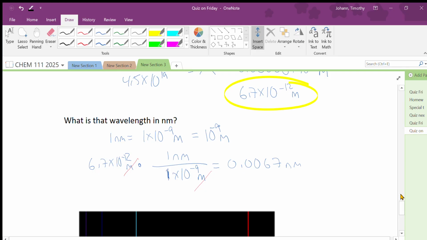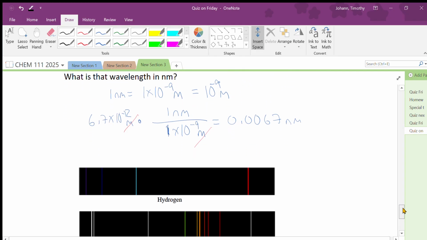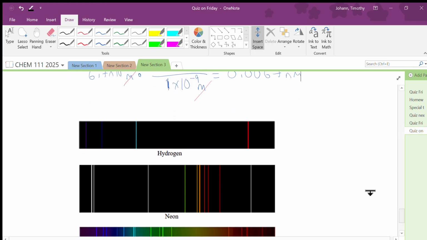All right, but there's this interesting thing that goes on, and this is part of how we know that light has particle properties. If you take a hydrogen atom and you get it really excited, you heat it up, it will emit light, okay? And it doesn't emit a broad batch of light. It will actually emit very specific wavelengths of light.